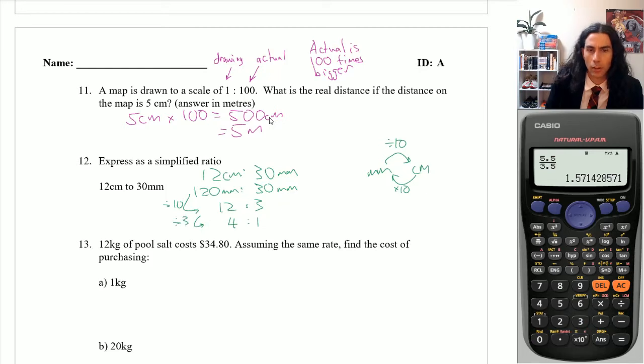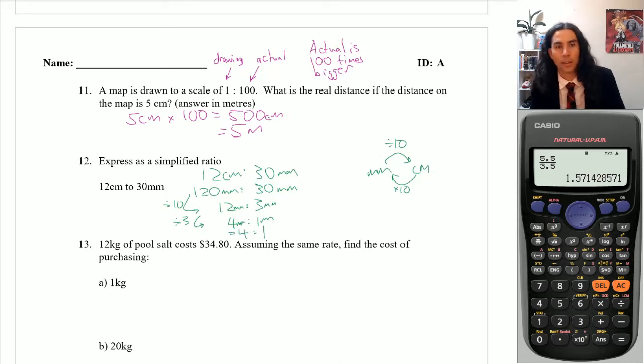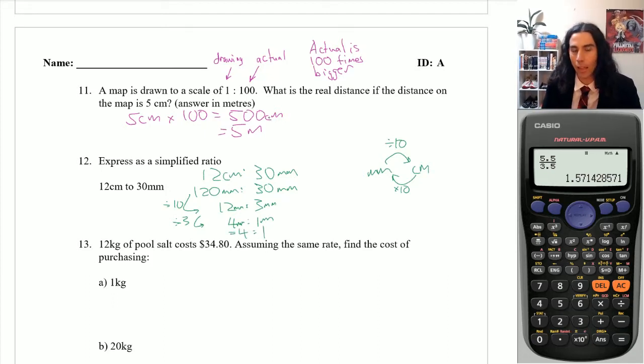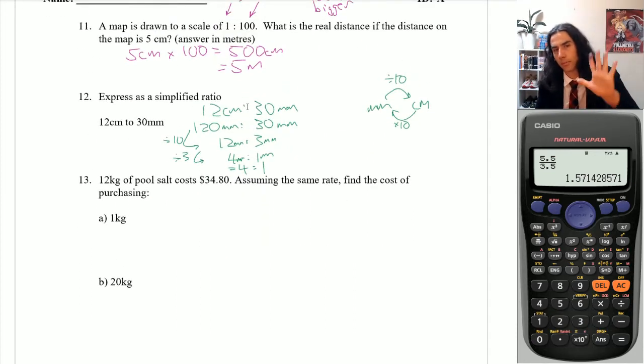And yeah, I got rid of the units earlier. But you could leave them there if you want. It's the way I've been showing you, and then take them out at the end. Okay. So 4 to 1 is the answer there. All right, next one.